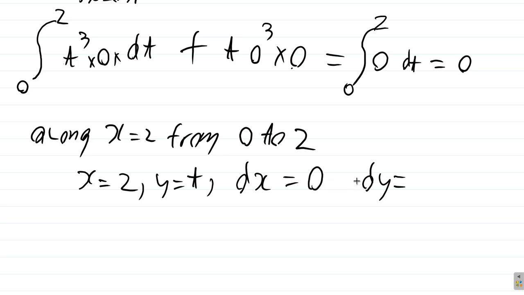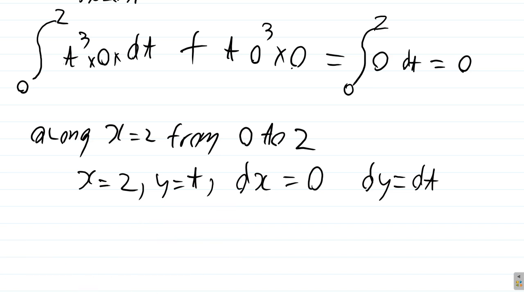So dx is 0. What about dy? You have y equals t here. So dy by dt is equal to 1. So if you multiply both sides by dt, you get dy is equal to dt. See that?